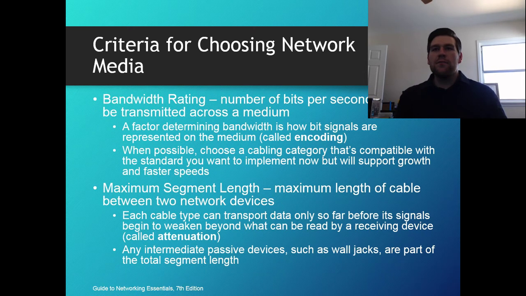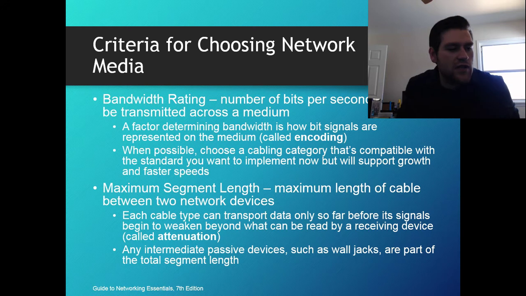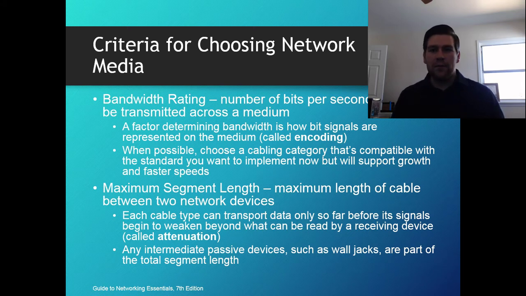So, some criteria for choosing network media. First of all, bandwidth rating, so how fast it's capable of going. With copper cabling, the maximum speed, depending on the category which you choose, is going to be 10 gigabits per second, and with fiber optic cabling, depending on the specific type that you use, you're going to get upwards of 100 gigabits per second, so about 10 times faster.